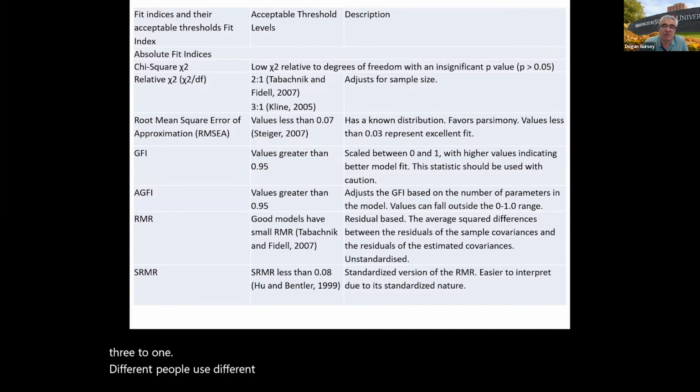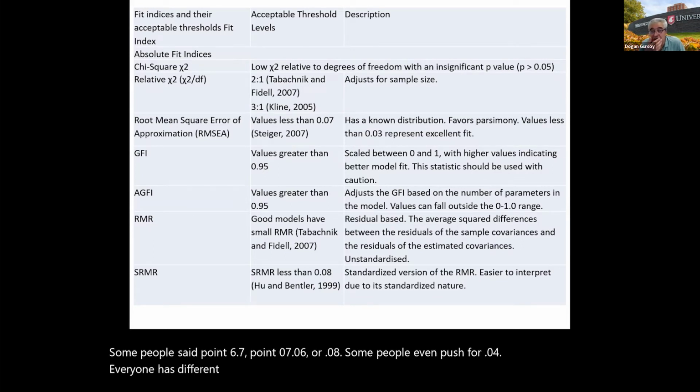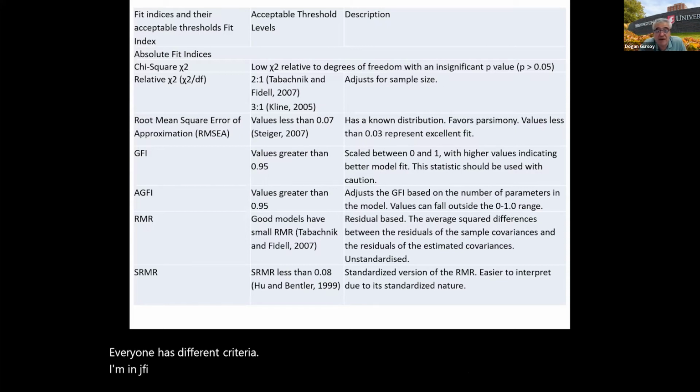Again, RMSEA. Some people said 0.06, 0.07, or 0.08. Some people even push for 0.04. Everyone has different criteria. GFI, again, 0.95 for restrictive, very simple models. And then RMR less than 0.08.